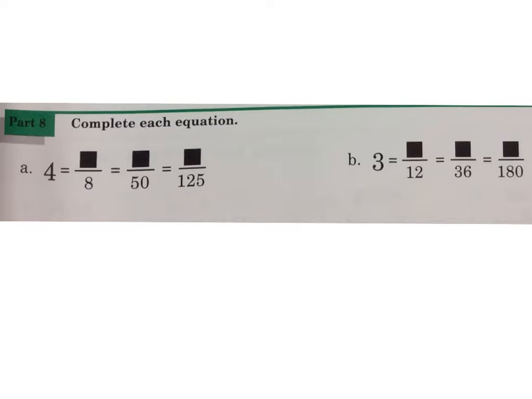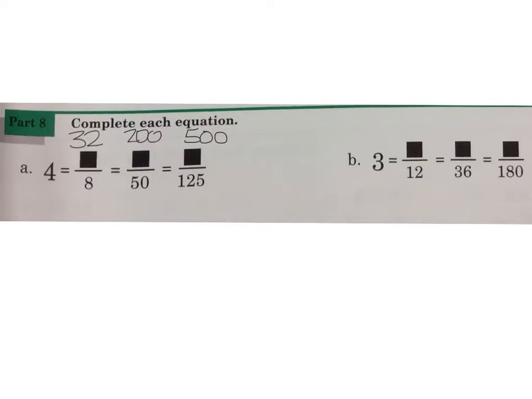So if I did 8 times 4, my number up here would be 32. Same thing over here, 50 times 4 would get your number up here, which is 200. And the last one here, so 125 times 4 will get you 500.